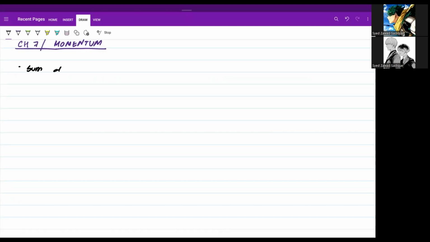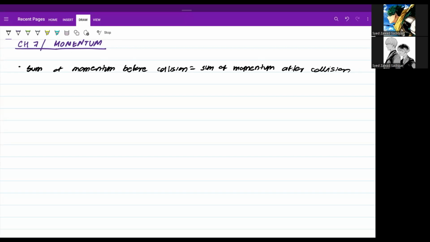That is, sum of momentum before collision is equal to sum of momentum after collision. Does this look familiar?